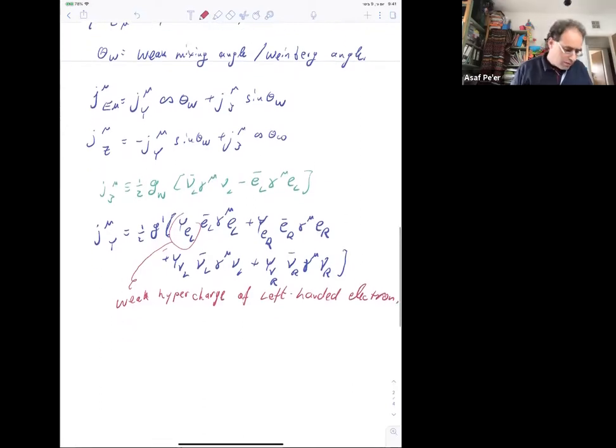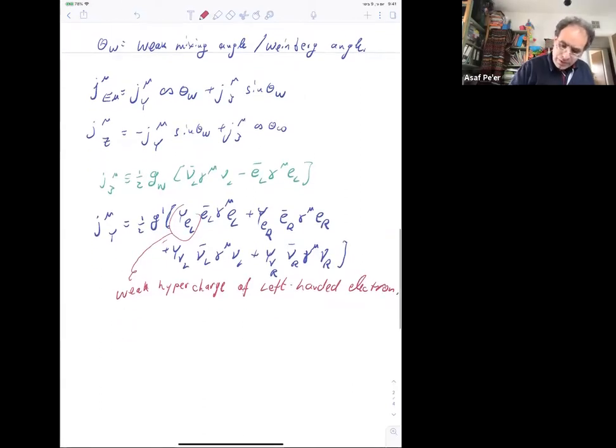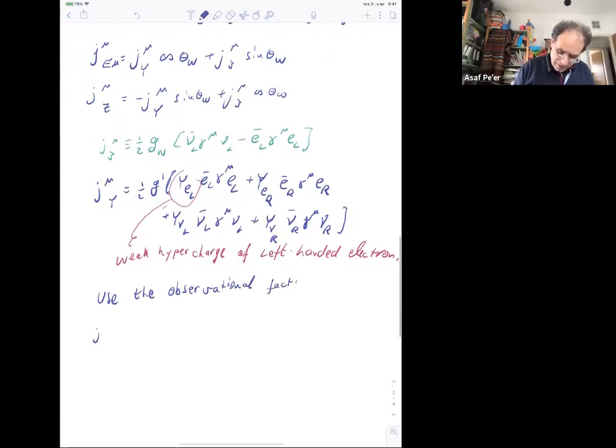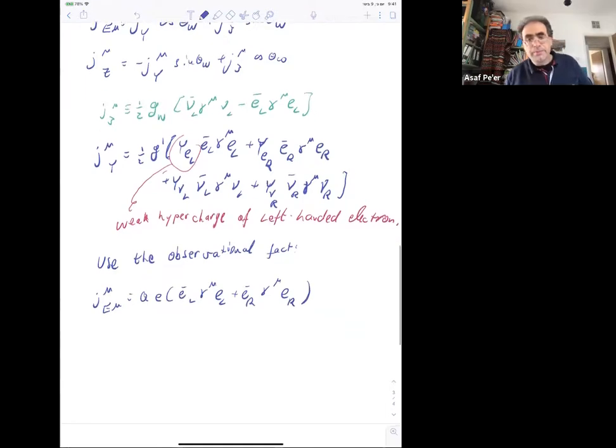So we can use the observational fact that J mu electromagnetic is Q times E bar L gamma mu E L plus E bar R gamma mu E R. And there's nothing with the neutrino because the neutrino does not couple to the photons, so just a 0.